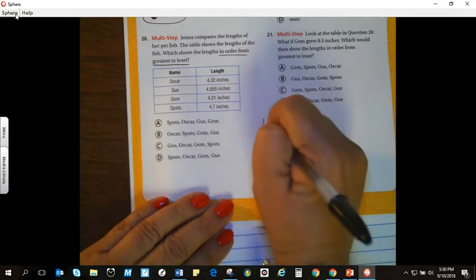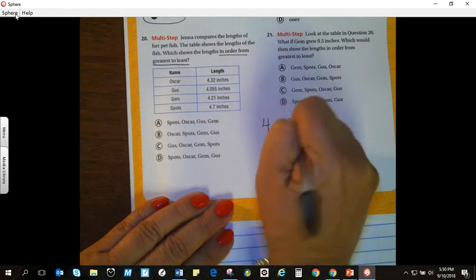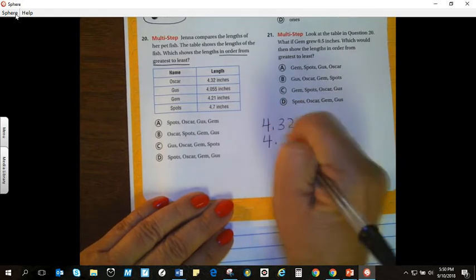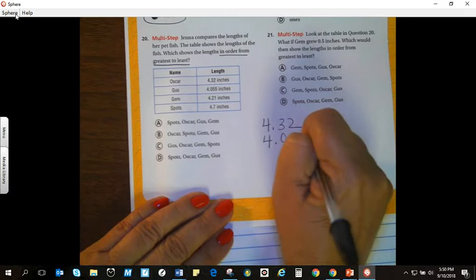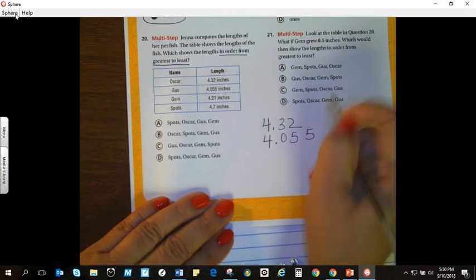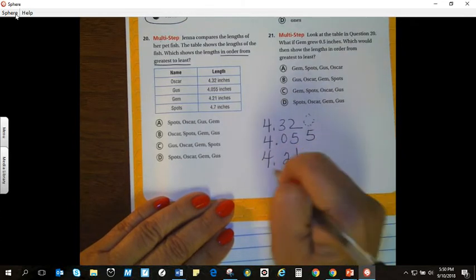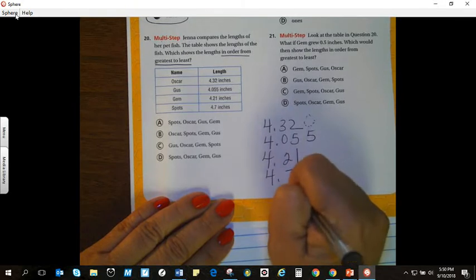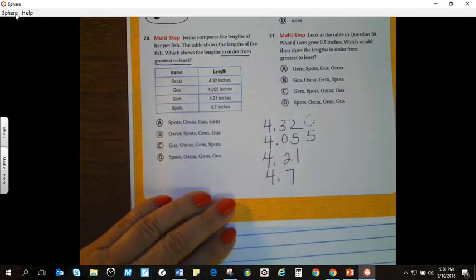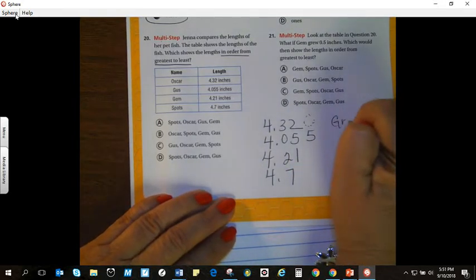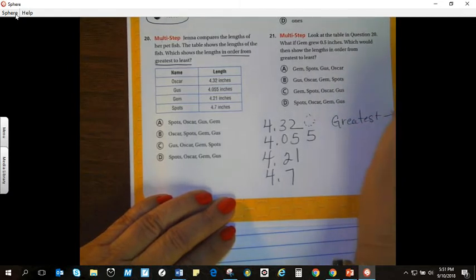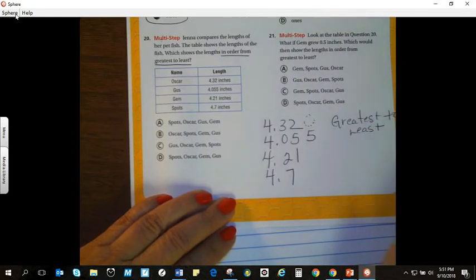I'm going to start off with 4 32/100ths, 4 55,000ths. Oops, look, I can do the power of the 0. 0 is my hero. So I do 4 21/100ths, 4 7/10ths. And again, I'm going from greatest to least. My biggest to the smallest.